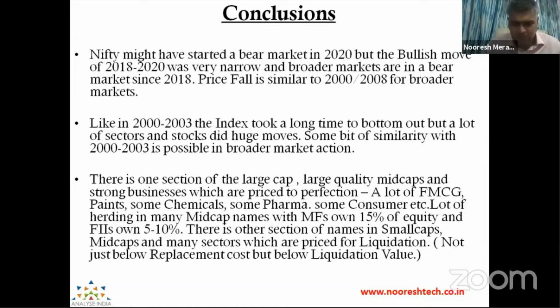Also, there's a lot of herding. In mid caps, a lot of chemical names have MFs owning 15 to 20% of equity, but FIs only own 5 to 10%. This is one of the rare times where a sector has been bumped up only by domestic participation.